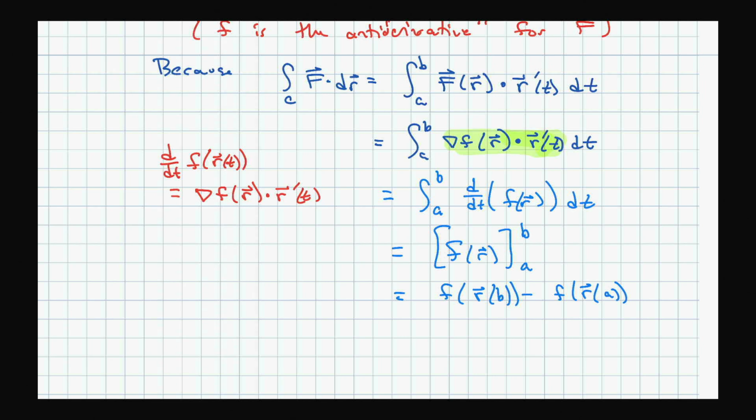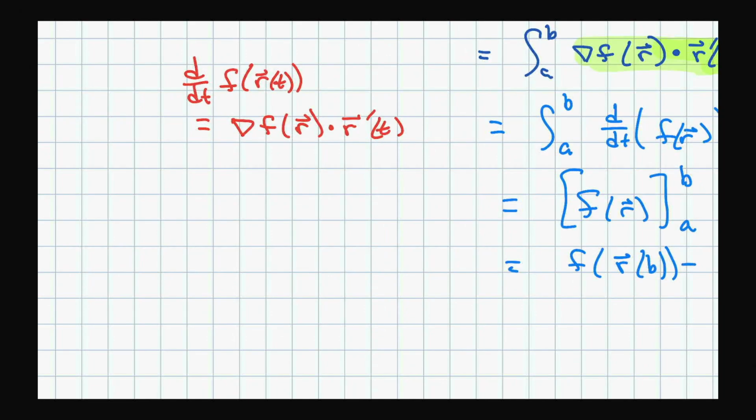And the only thing that's really tricky is just figuring out what this is supposed to be. You would have to convince yourself that this was true. If you're actually going to take this derivative, f is a function of x, y, z, but x is a function of t, y is a function of t, z is a function of t, right?